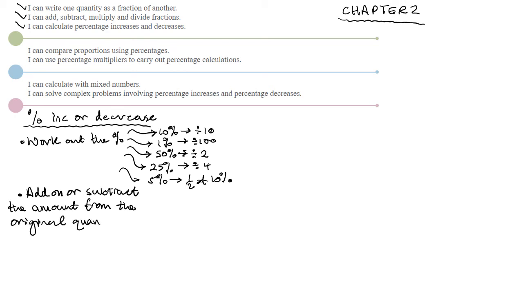So if you had something that was a 10% increase, you work out 10% of that number and then add it on. If it was a 5% decrease, you'd work out that 5% and subtract it.